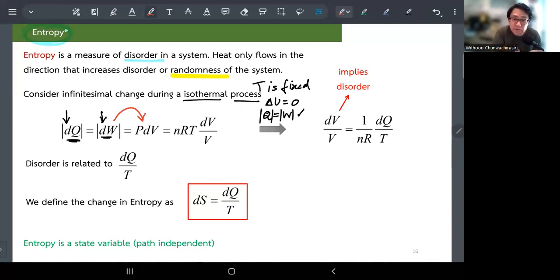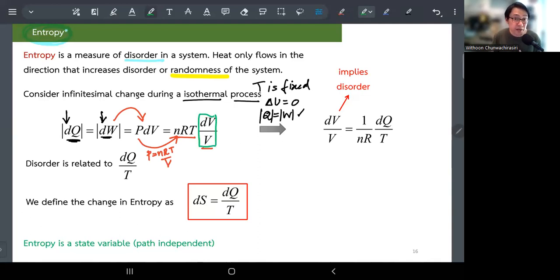This is the definition of the work done that we introduced the first time that we saw the first law of thermodynamics. Okay, so we apply PV equal to nRT. It means the pressure is nRT over V. Cool. I plug it in there. I have nRT over V right here. And it turns out this is the term that I am interested in.